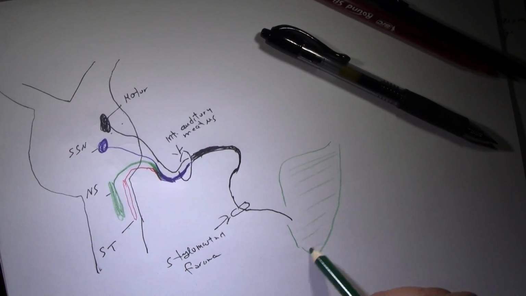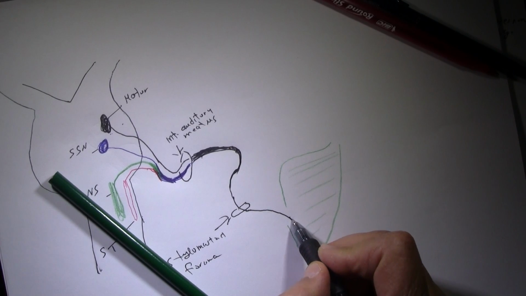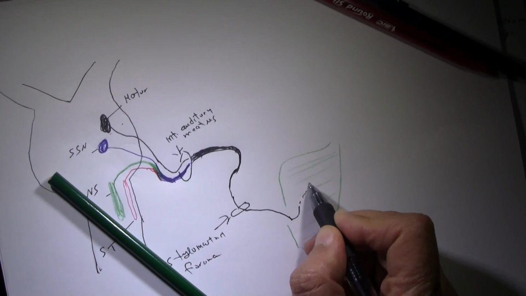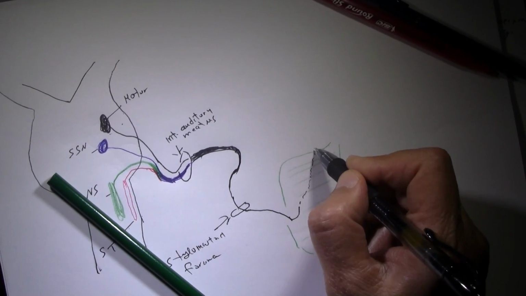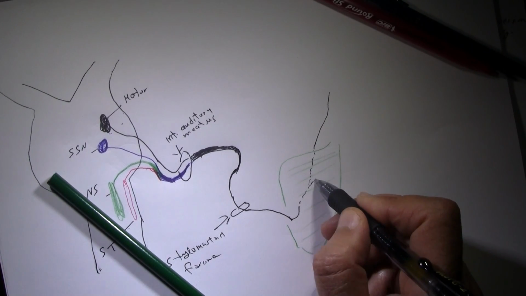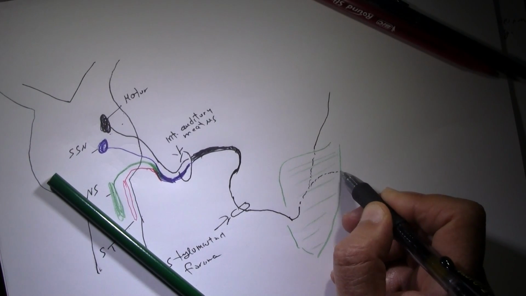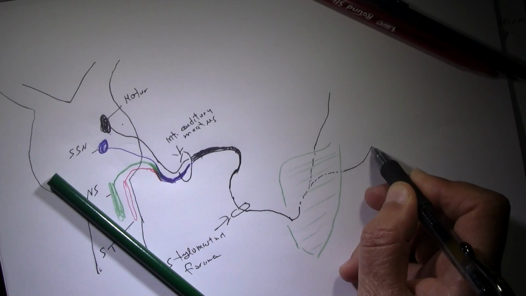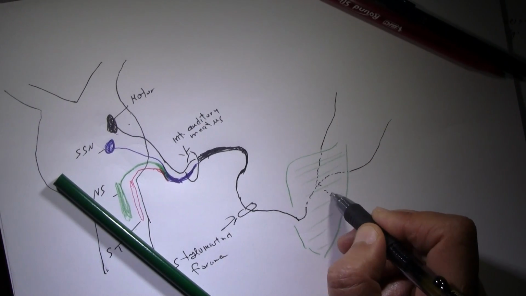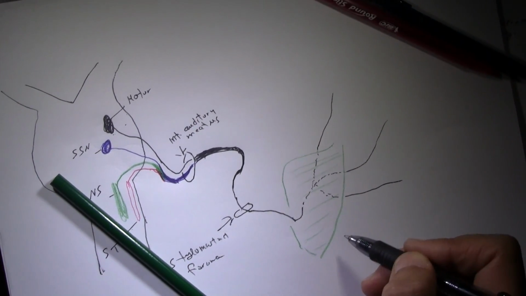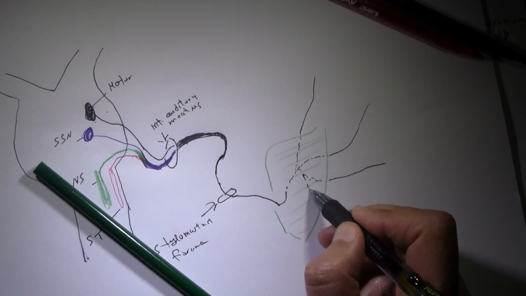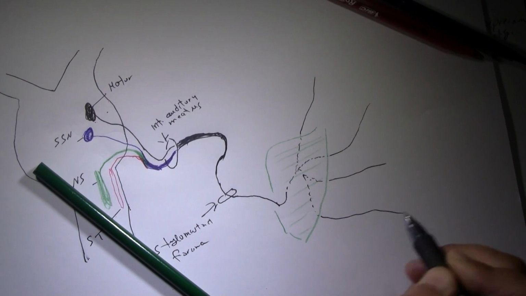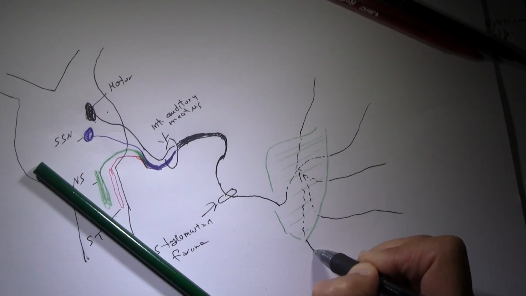And inside the parotid gland, penetrating the posteromedial surface of the parotid gland, it starts to divide into the 5 terminal branches. Temporal branch, zygomatic branch, buccal branch, marginal mandibular, then cervical branch.